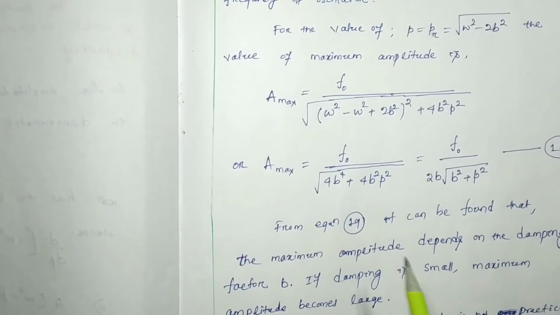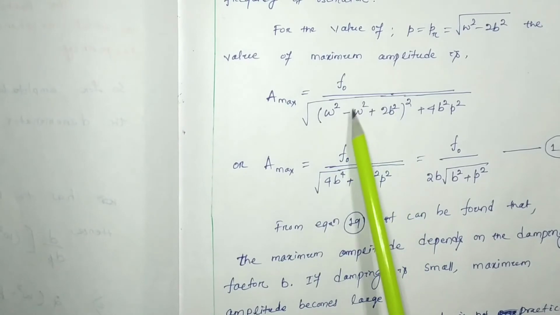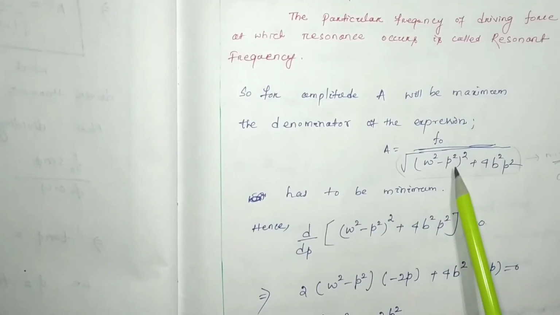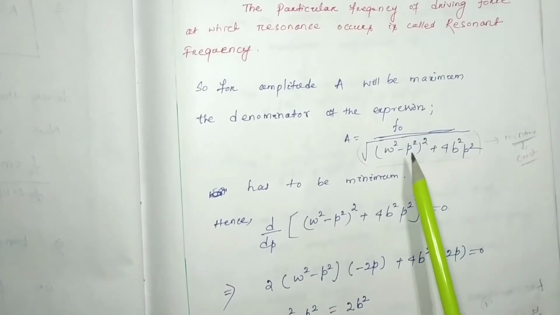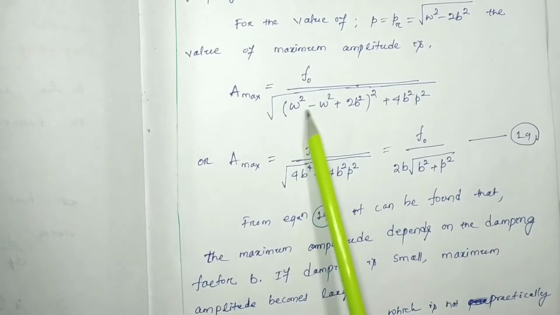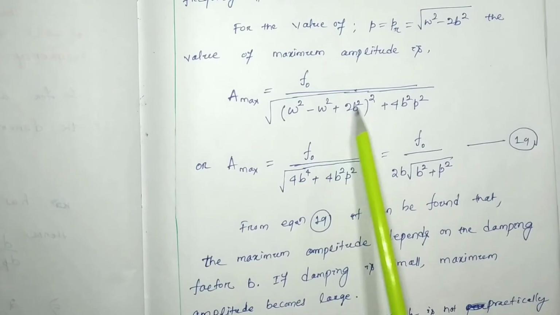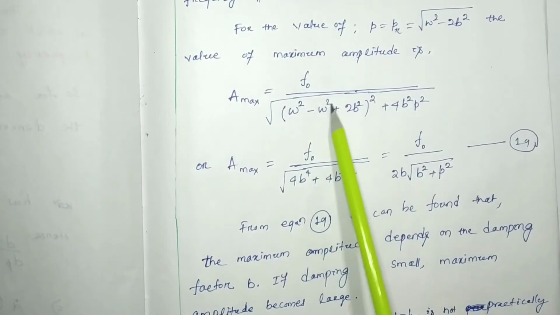For simplicity, we have only substituted here, omega square minus 2b square root over. So it will be omega square plus 2b square minus omega square plus 2b square, omega square minus omega square plus 2b square whole square plus 4b square p square. Right? Omega square got cancelled.